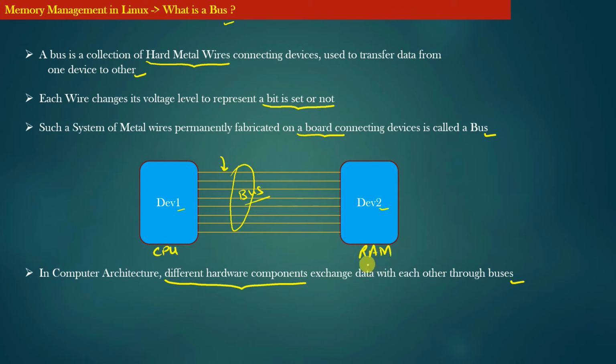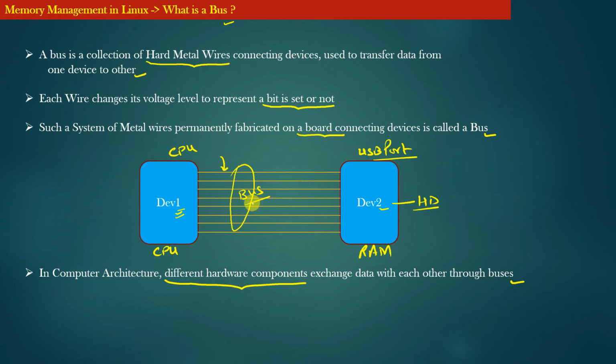Another example: device 1 could be your CPU, whereas device 2 could be your USB port. Similarly, device 1 could again be a CPU, whereas device 2 could be a hard disk. So different hardware components interact and exchange data with each other through a system of bus.